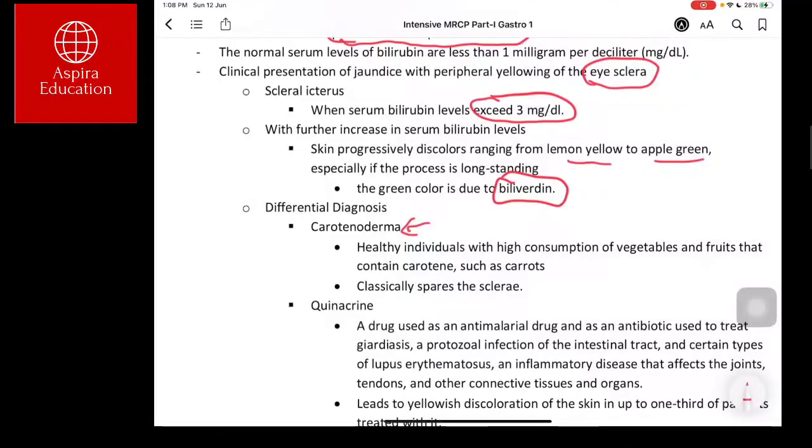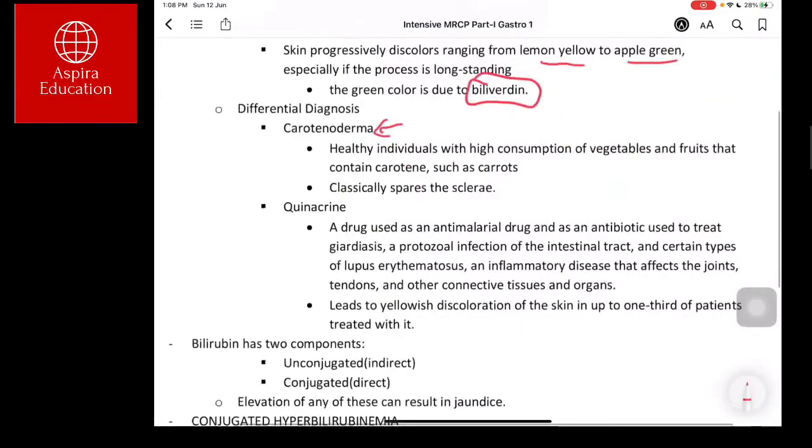That is one of the biggest differences between hypercarotenoderma and jaundice. Second is a drug known as quinacrine. This quinacrine is an antimalarial drug which is used to treat giardiasis and some types of SLE, and it leads to yellowish discoloration of the skin in up to one third of the patients treated with it.